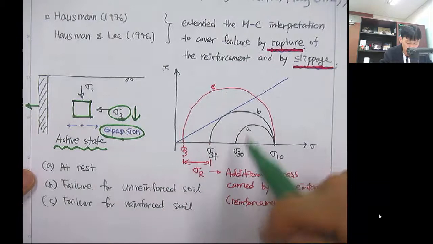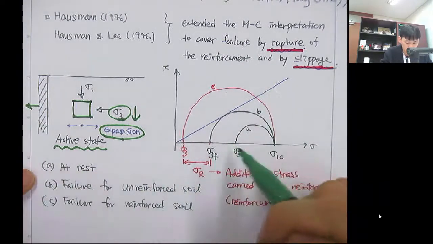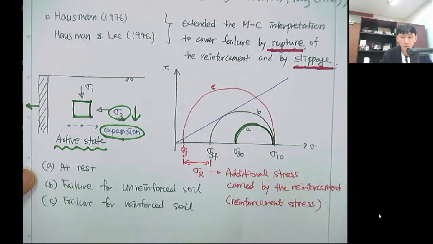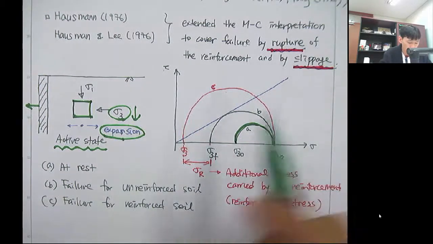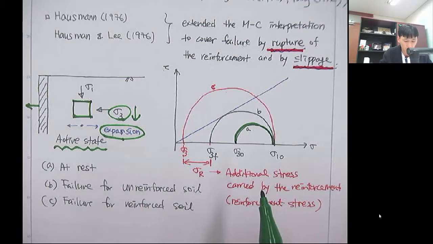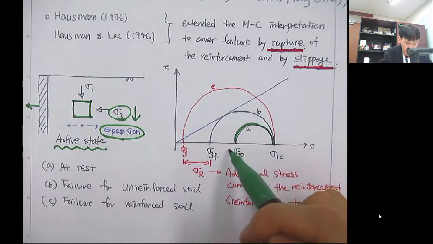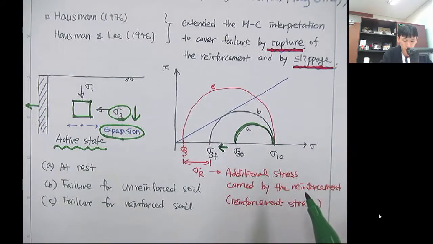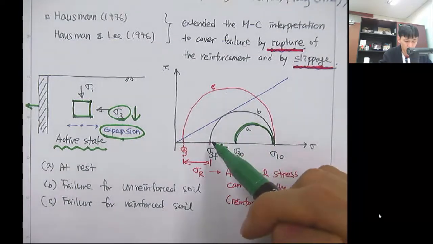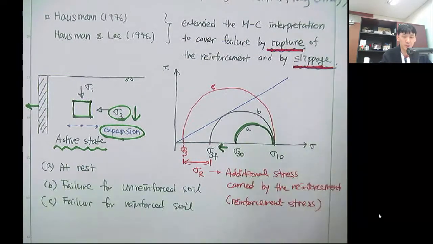At rest, before the wall moves, the circle is placed here, and this blue line indicates the shear failure envelope. As the wall moves outward, sigma 3 decreases so the size of the circle increases, and it's going to touch the failure envelope. That's called the plastic equilibrium condition for the Rankine lateral pressure theory.